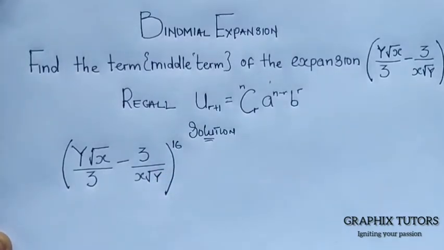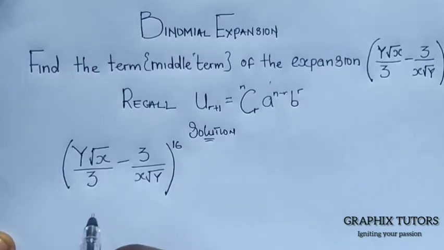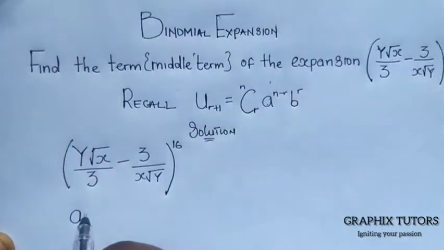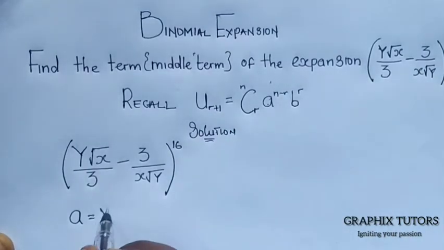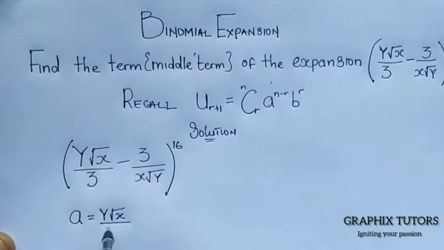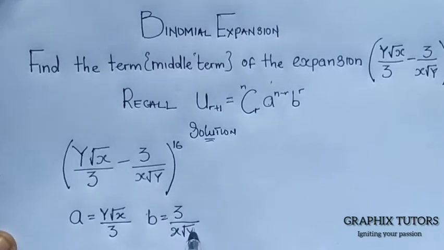Now what we'll do is this. With what we have here, we can recall that my a is equal to y square root of x all over 3, and b is equal to 3 all over x square root of y.